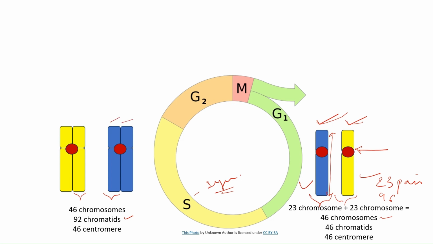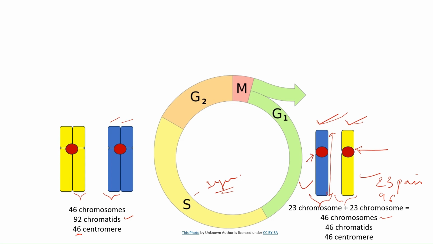So the total number of chromosomes we still say is 46. When it is single, we say it is 46 chromosomes. After replication, we still say it is 46 chromosomes. Why? Because we count the number of chromosomes on the basis of the centromere number. Here one chromosome has only one centromere.